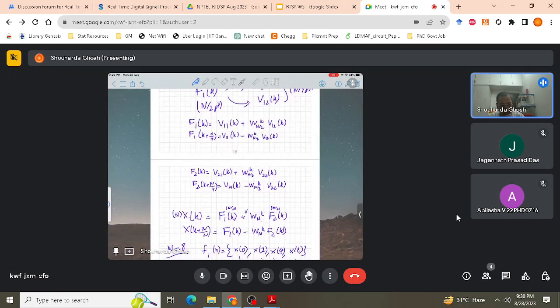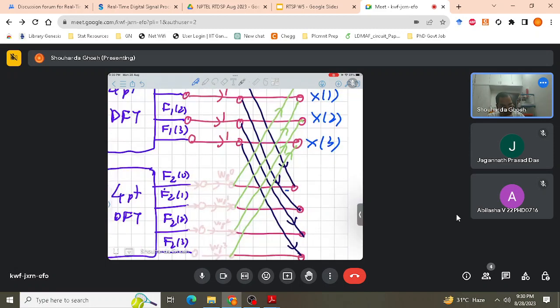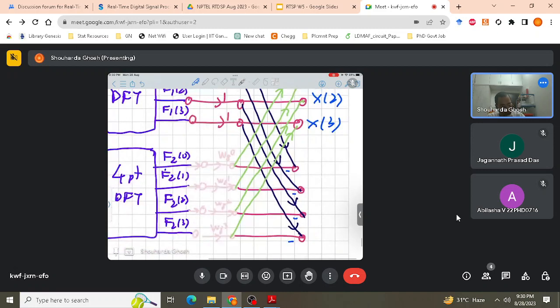But for k plus n by 2 there is a negative sign, so we have to add this negative sign over here. Negative, negative, negative, and negative. So what do we get? X of 4, x of 5, x of 6, x of 7.